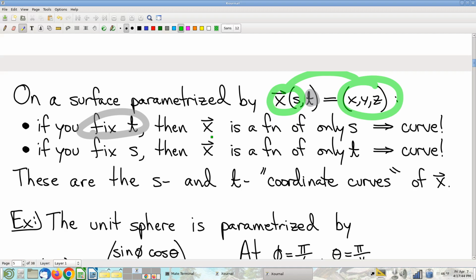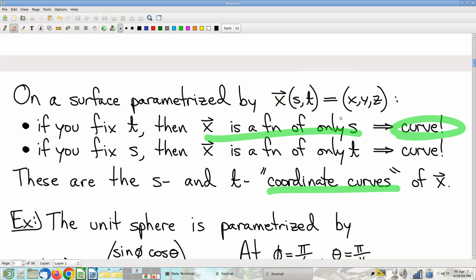But if you've got position as a function of just the one parameter, that's literally the definition of a parametric curve, right? And depending on which one you fix, the other one is the remaining parameter. You can do it the other way. So there's two different parametric curves that you can make. These are what we call coordinate curves of that parametric surface.